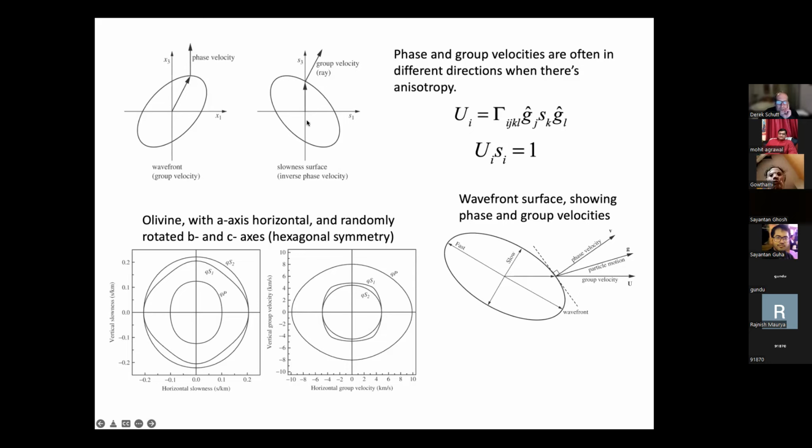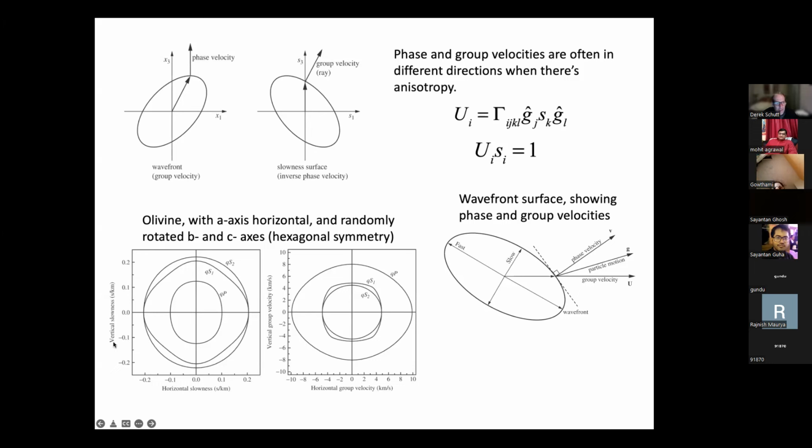We can also do the slowness surface, which is the inverse phase velocity. And in that case, the phase velocity moves straight up the S3, and then the group velocity moves at an angle to S3. So the point here is just that the group velocity and the phase velocity do not move in the same direction.